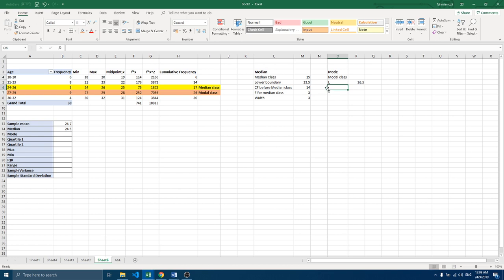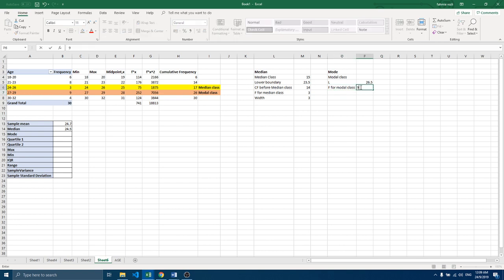And then you have to find the frequency. F is a frequency for model class. So frequency for your model class is 9. And then you have to find the frequency before model class and frequency after model class.